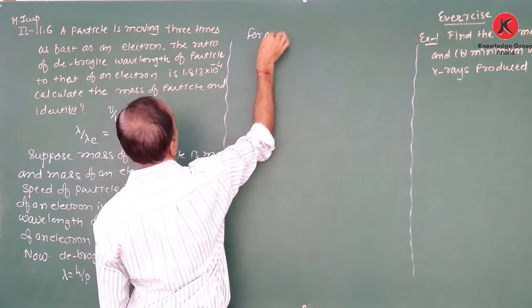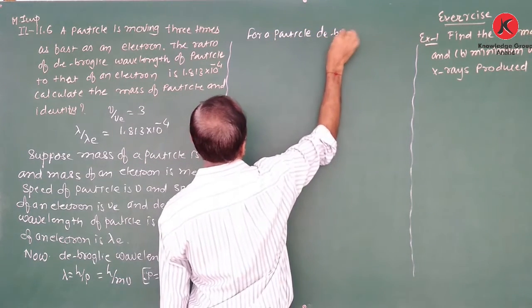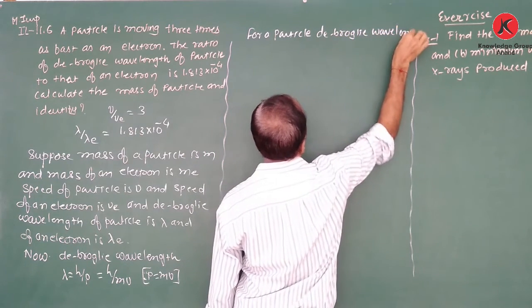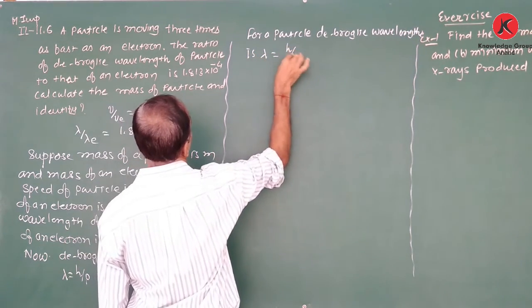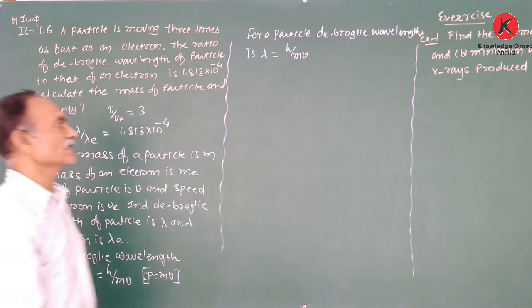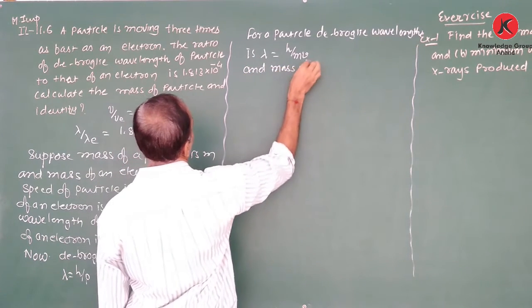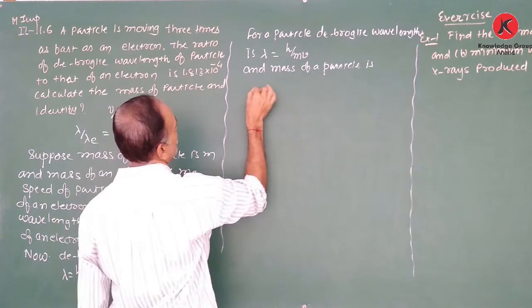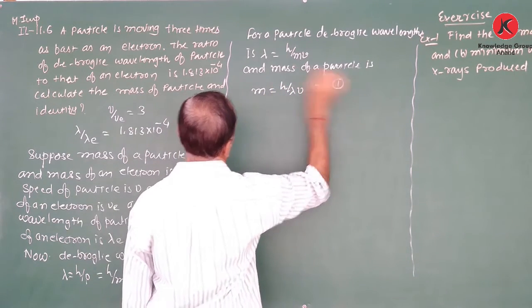For the particle, the de Broglie wavelength is lambda is equal to h upon mv. And from this equation, the mass of the particle is m is equal to h upon lambda v. That is equation 1.